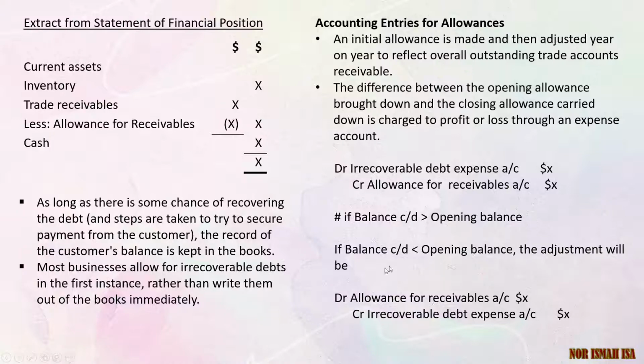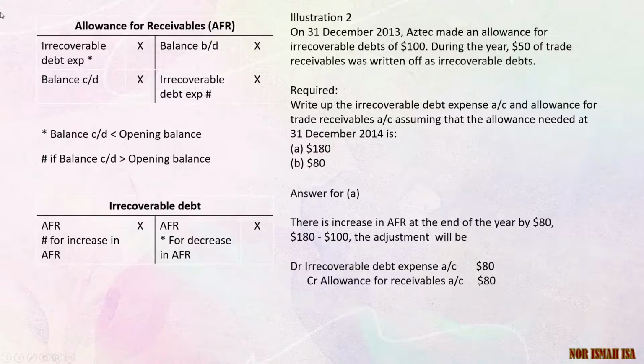Whereas if the balance carried down is less than the opening balance, the business will debit allowance for receivable and credit irrecoverable debt expenses. So we show here in this account, this is allowance for receivable. Let's say this balance carried down is more than the balance brought down.